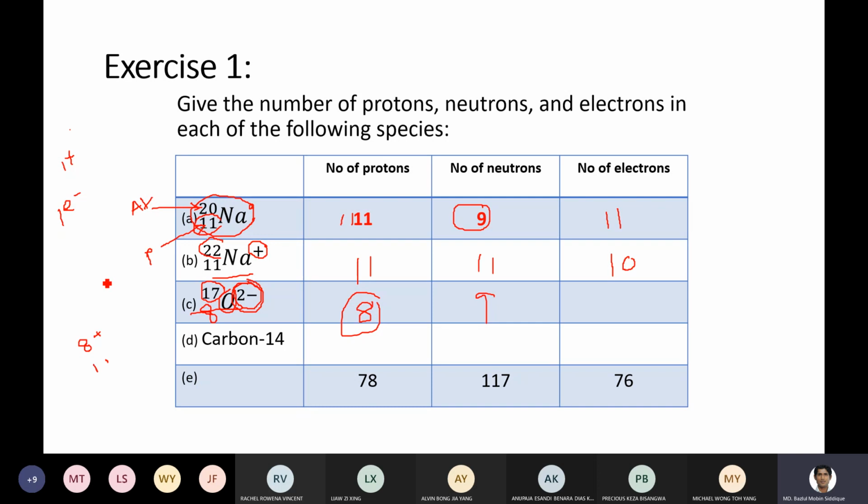That means it has 10 electrons. 8 electrons neutralize the 8 protons, the positive and negative charge, but 2 excess electrons it is carrying. It has that excess charge from these 2 electrons, and so on. You can try to figure this out.